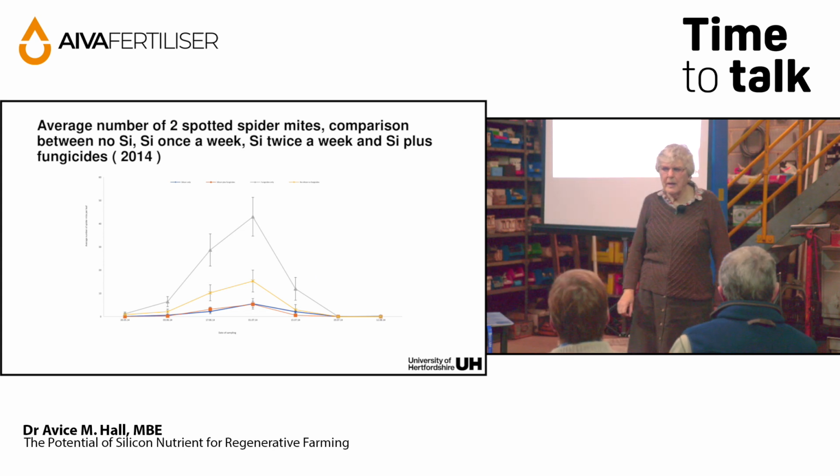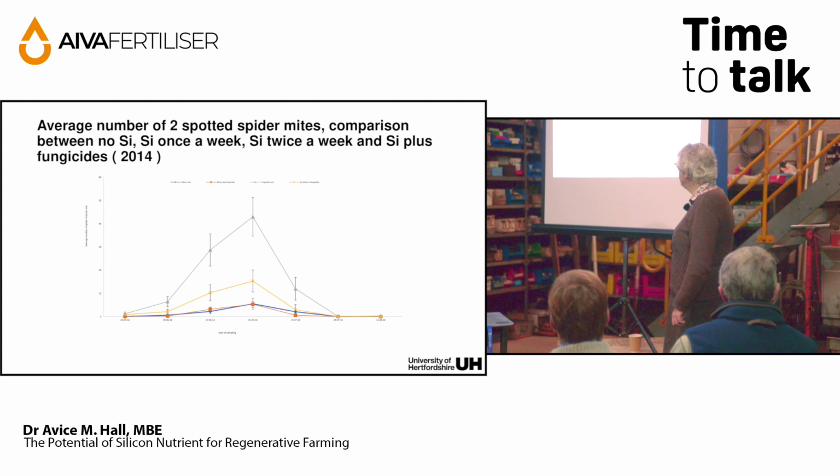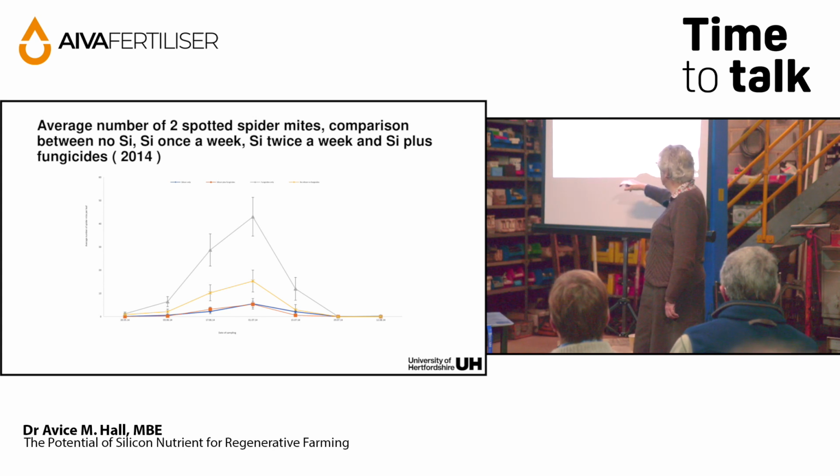This one may look a bit odd, but this was the next, if you like, breakthrough. This shows you two-spotted spider mite, a major pest of strawberries, and it shows you that if you're using silicon nutrient, you have very low numbers.